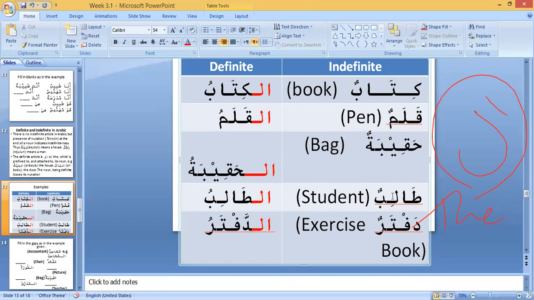Is talib a male or a female student? Male. A female would be what? Taliba. What is the plural of kitab?